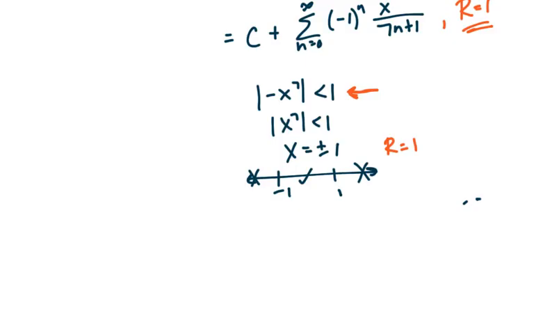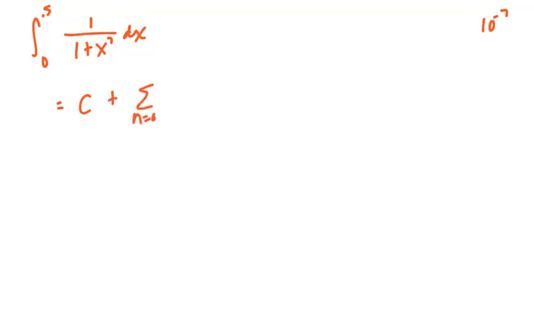Now the problem says to use our answer to integrate from 0 to 0.5, 1 over 1 plus x to the 7th dx, correct to within 10 to the negative 7. So we already know that if we integrate, we get c plus the sum from n equals 0 to infinity, negative 1 to the n, x to the 7n plus 1 over 7n plus 1.